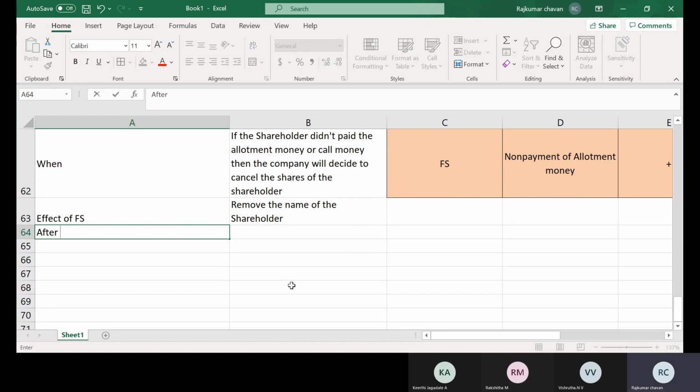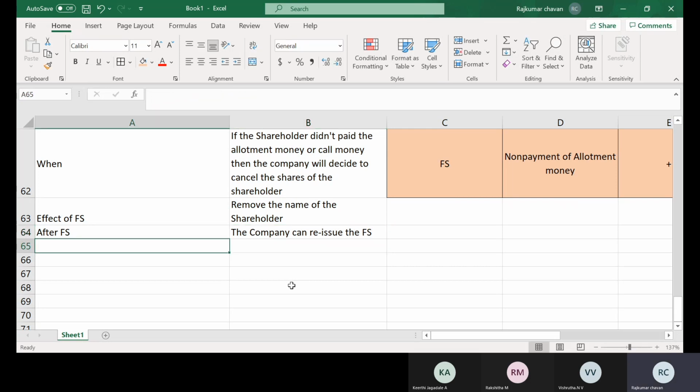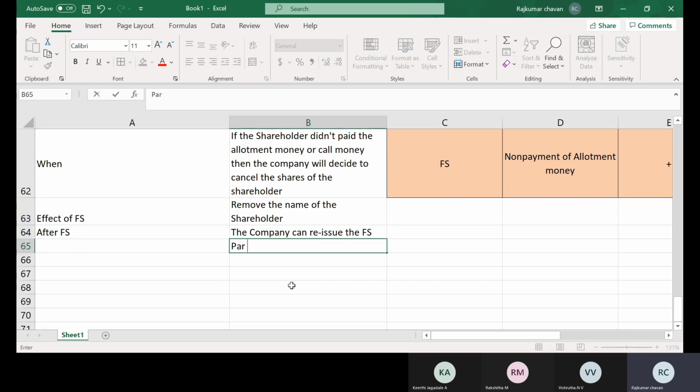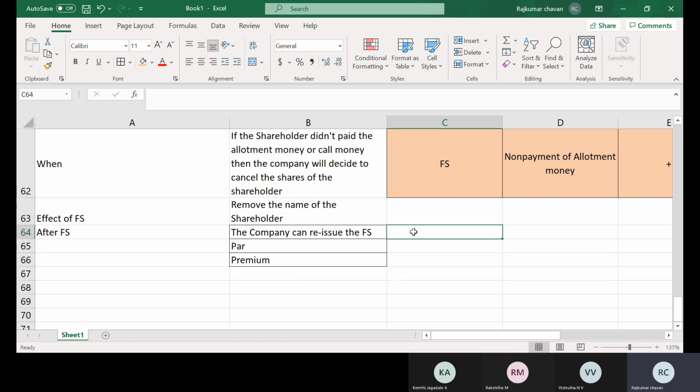After forfeiture, the company can reissue the forfeited shares. One thing to remember: forfeited shares can be reissued either at par or at a premium. This is the method they follow in case of forfeiture of shares.